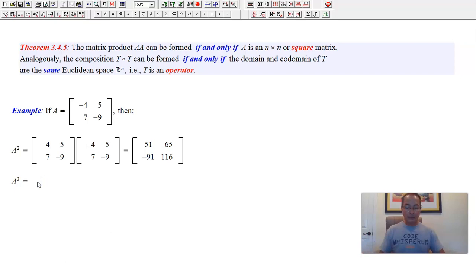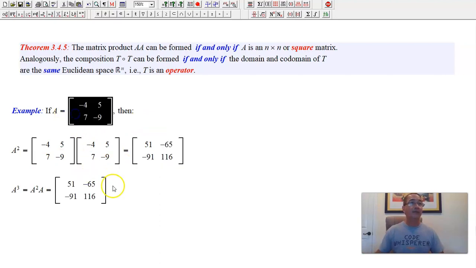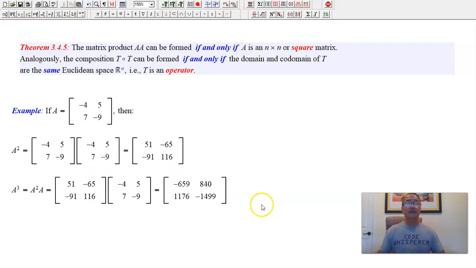We already have A squared, so we can think of A cubed as A squared times another copy of A. Okay, so we have A squared over here, and make another copy of A, and then find the answer. Okay, so that is A cubed. And of course, we can keep going. We can compute a fourth power and so on.